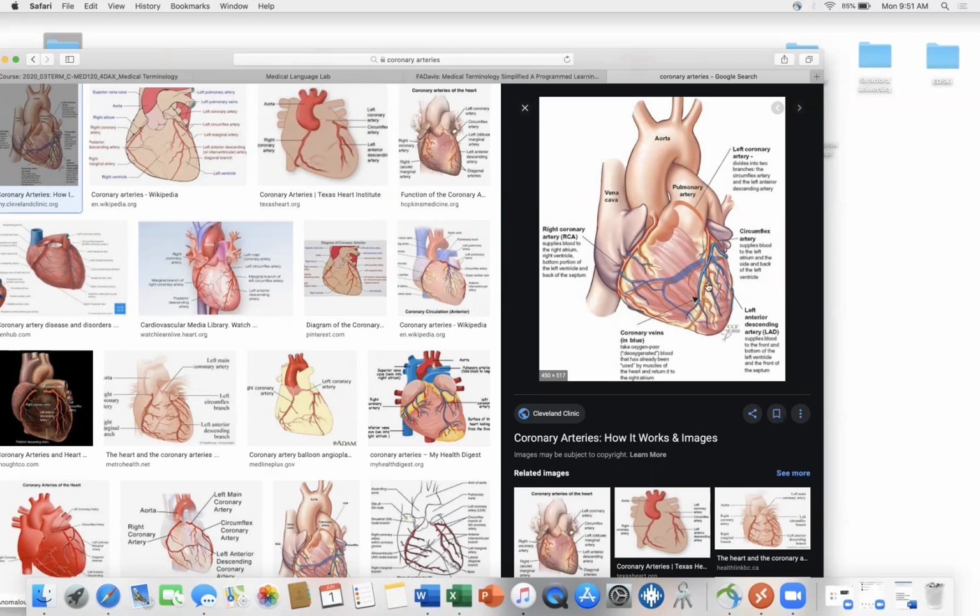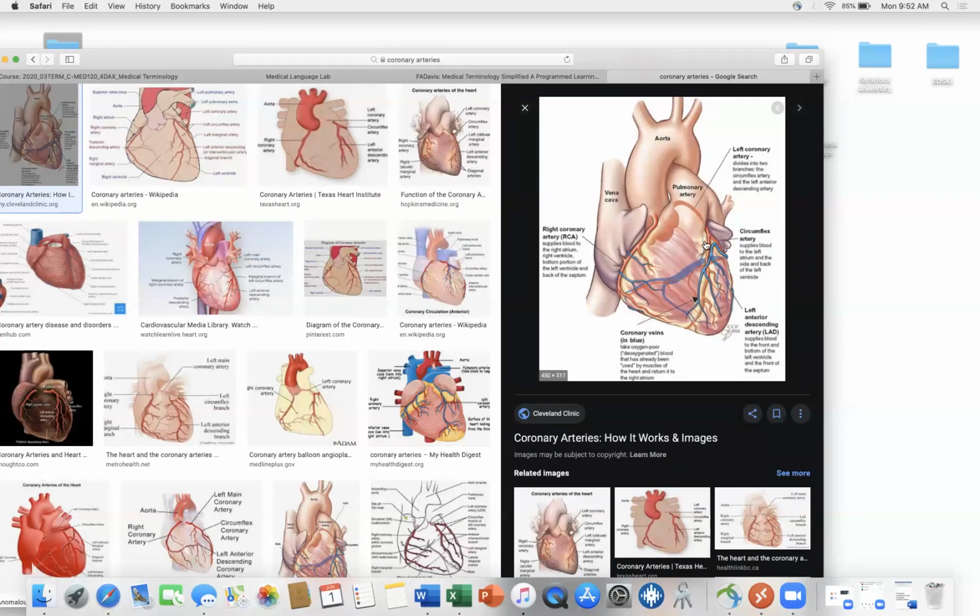If this part of the heart gets blocked, it won't get any blood. So we cut this off, and then we put another artery here, and it bypasses the problem, and then it can feed the area that doesn't have any oxygen. And that's called cabbage, coronary artery bypass graft.